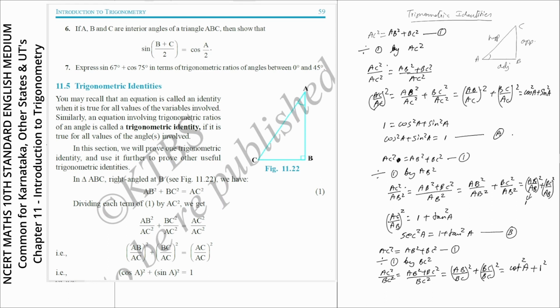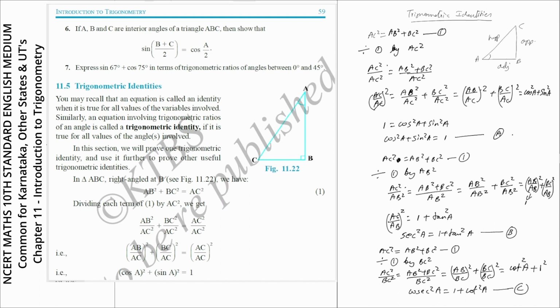AC is hypotenuse, BC is opposite side. So hypotenuse by opposite side is cosecant A. So AC by BC the whole square is cosecant square A I will get. Cosecant square A is equal to 1 plus cot square A.